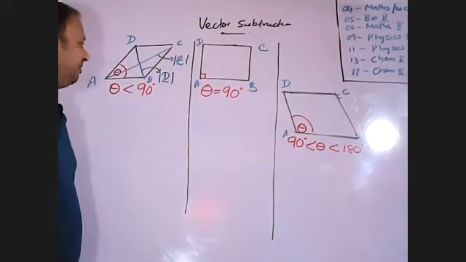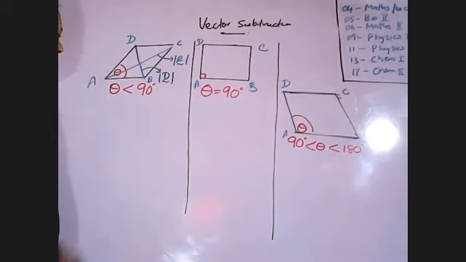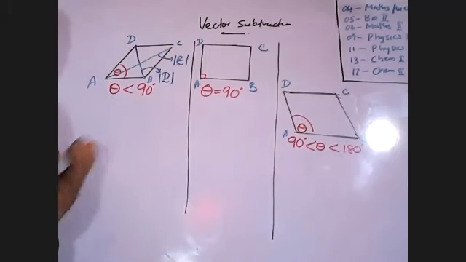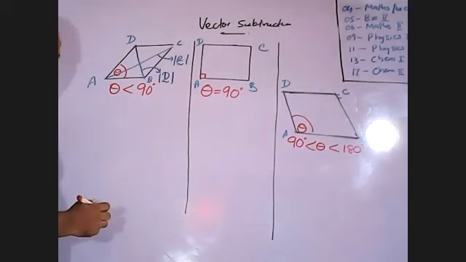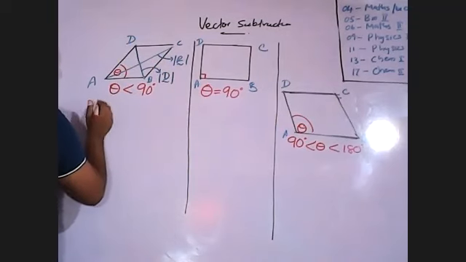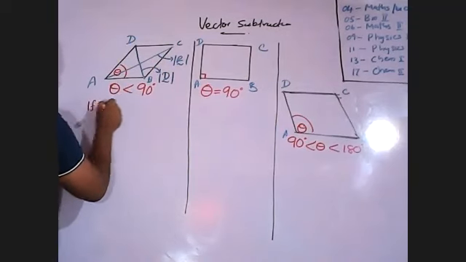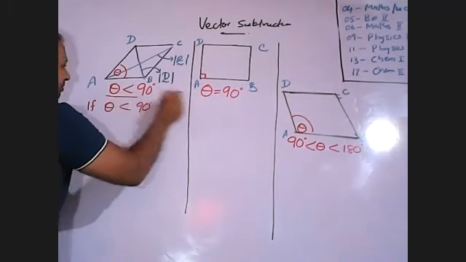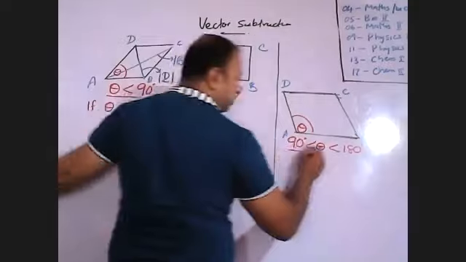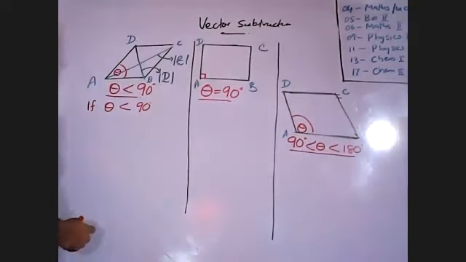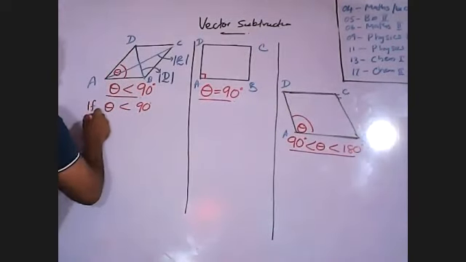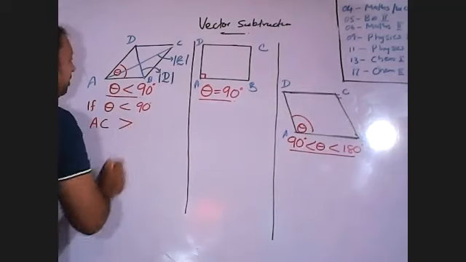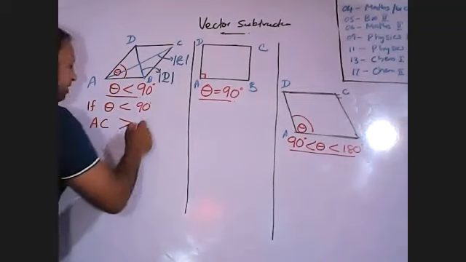If theta is an acute angle, lesser than 90, then definitely the AC length should be greater than the DB length.